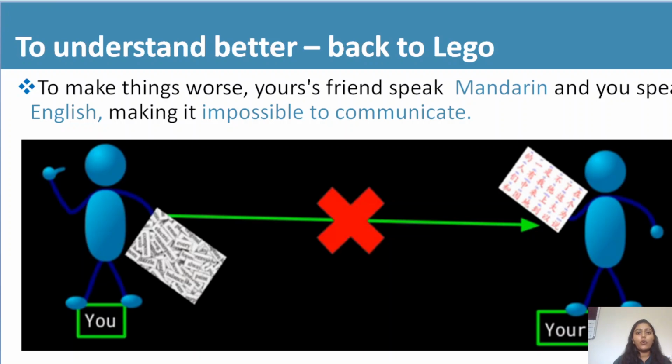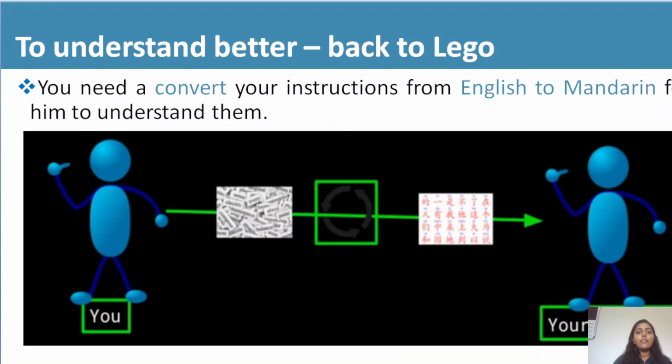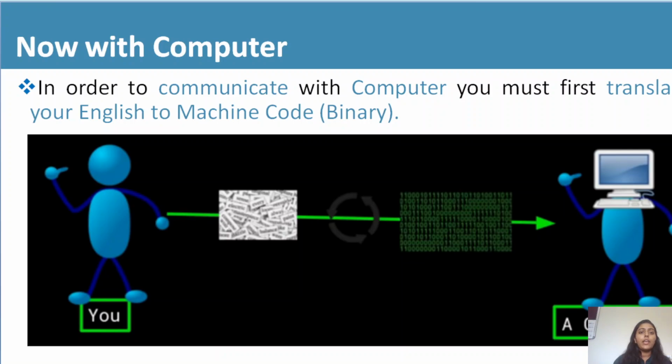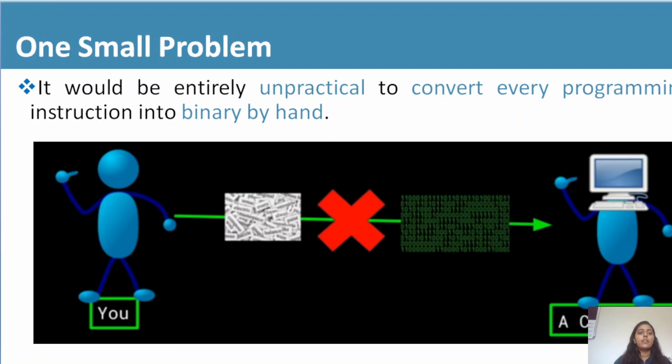To make things worse, your friend speaks Mandarin and you speak English, making it impossible to communicate. You need to convert your instructions from English to Mandarin for him to understand them. In order to communicate with a computer, you must first translate your English to machine code binary.